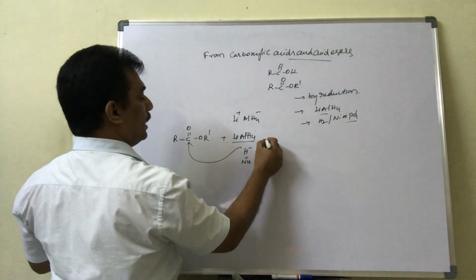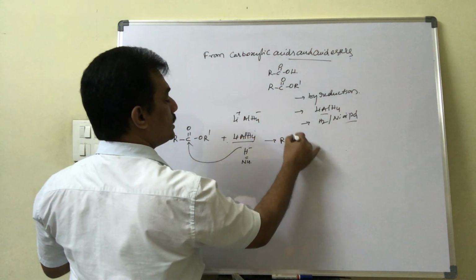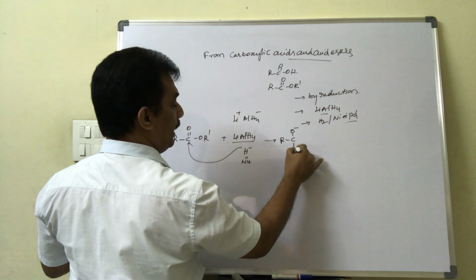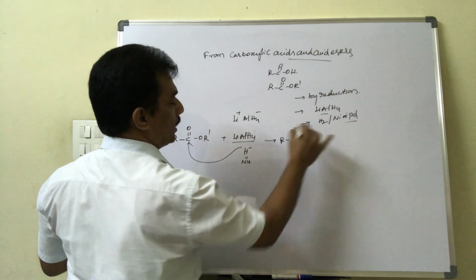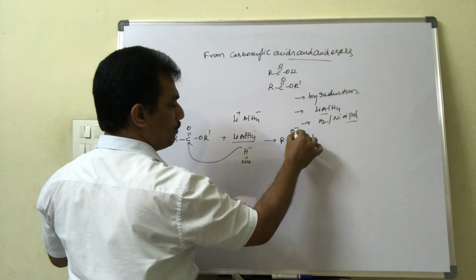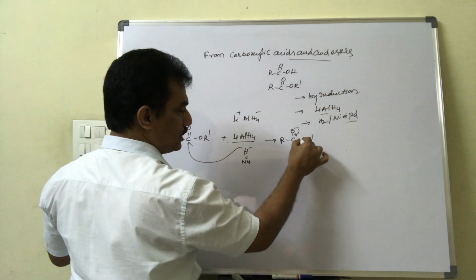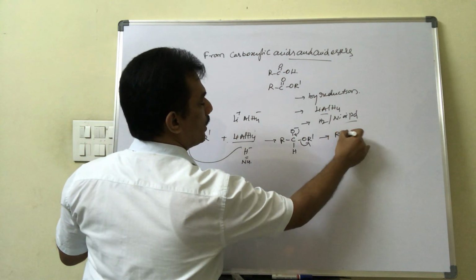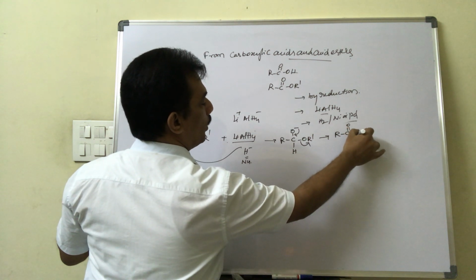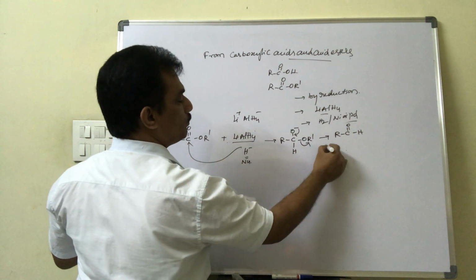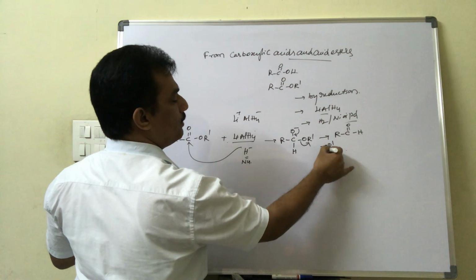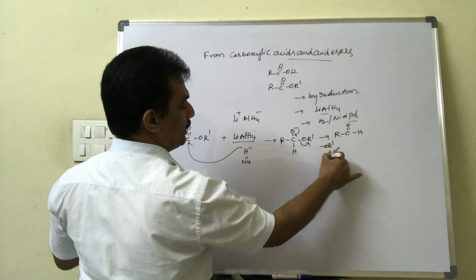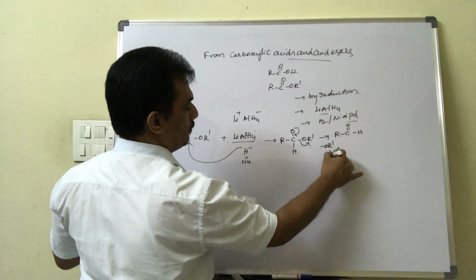And thereby it is now forming the tetrahedral intermediate. When it comes back, of these three, OR' is a weak nucleophile and hence it will be eliminated out, forming RCHO, and the OR'- will be bonded with H+ forming R'OH.